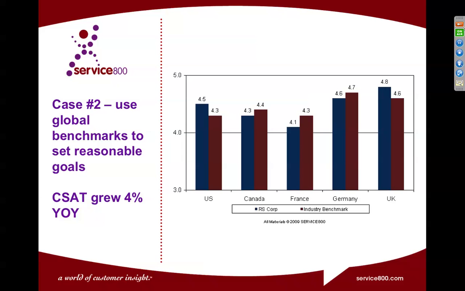By using a benchmark to set a goal that was reasonable for each geography, those country managers were able to understand what they needed to do, using the resources they had available within each country. They were able to move their customer satisfaction by 4% year over year.